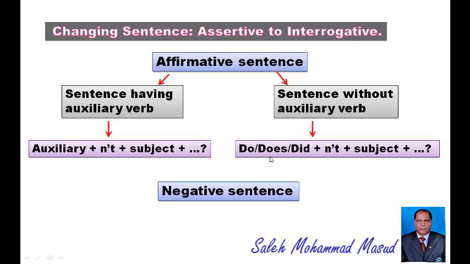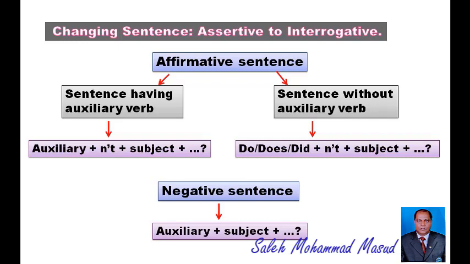Number 2, use the base form of the verb. And number 3, place a question mark at the end. And for a negative sentence, we have to use the auxiliary verb before the subject and make the sentence affirmative.